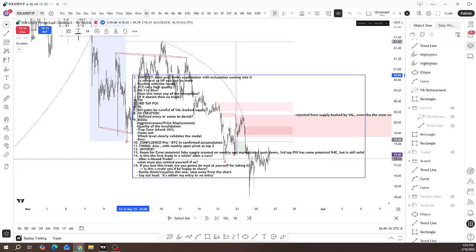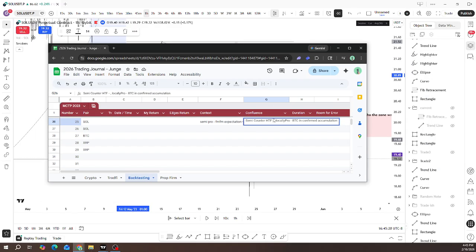So that should have been something that I outlined in here, but I did not. Semi-counter on the high time frame with BTC being an accumulation pulled from first market structure pull after an extended move to upside, and then locally pro with Bitcoin being in a confirmed accumulation.